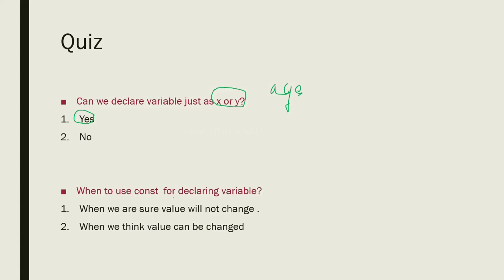And when to use const for declaring variables. As I told you, we use const only when we are sure that the value will never change in future. Only then we use const. The answer is true for this one. And when we think the value can be changed, for this we can use both var and let.